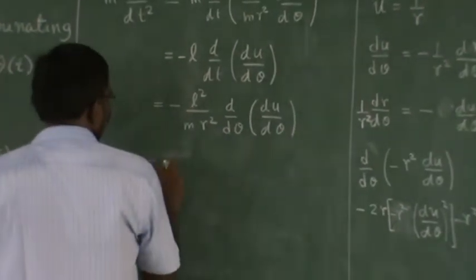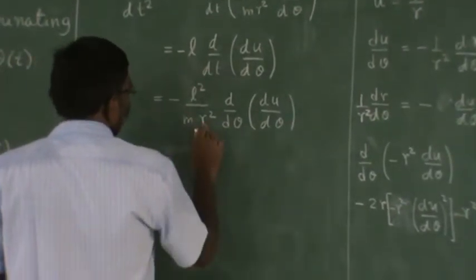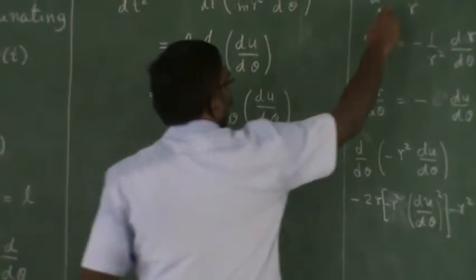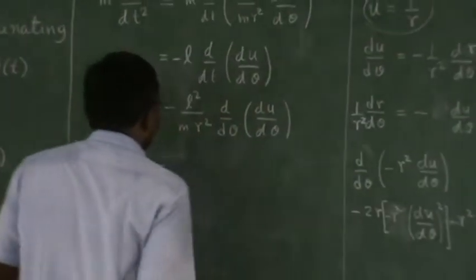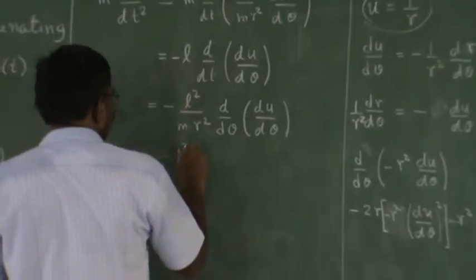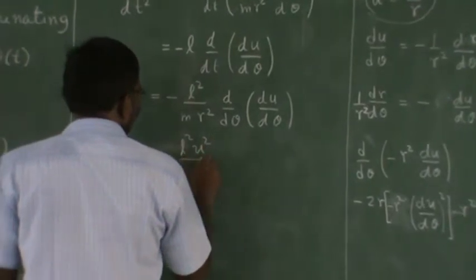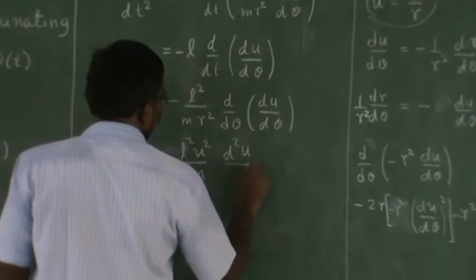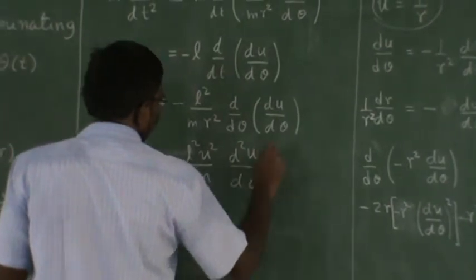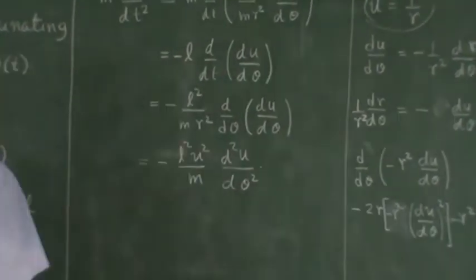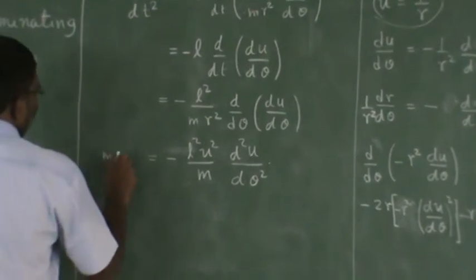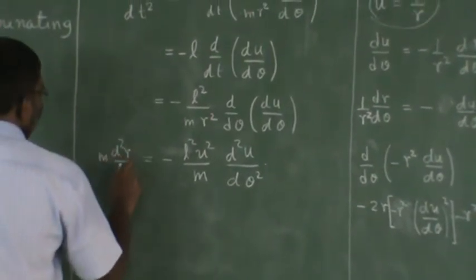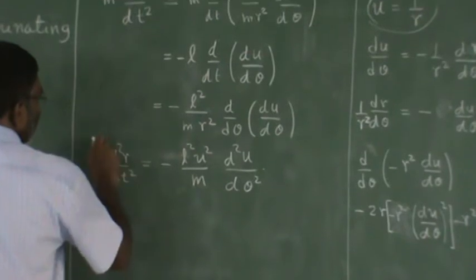So this is equal to minus, see here I am using 1 by u as r, so this is minus L square u square by m into d square u by d theta square. So the second derivative calculation, d2r by dt2, is given by this.